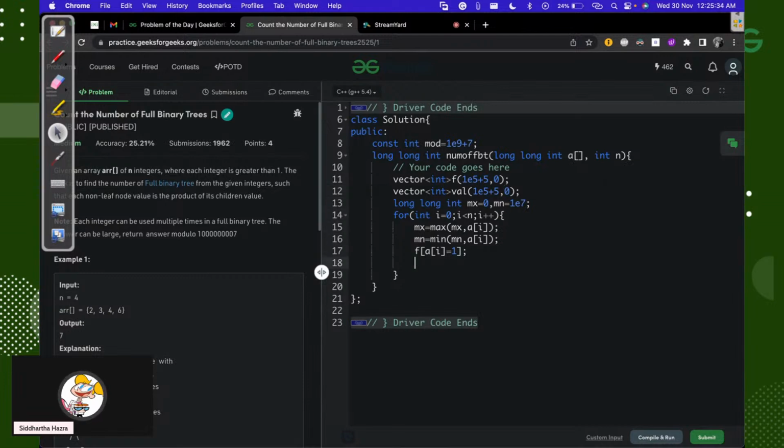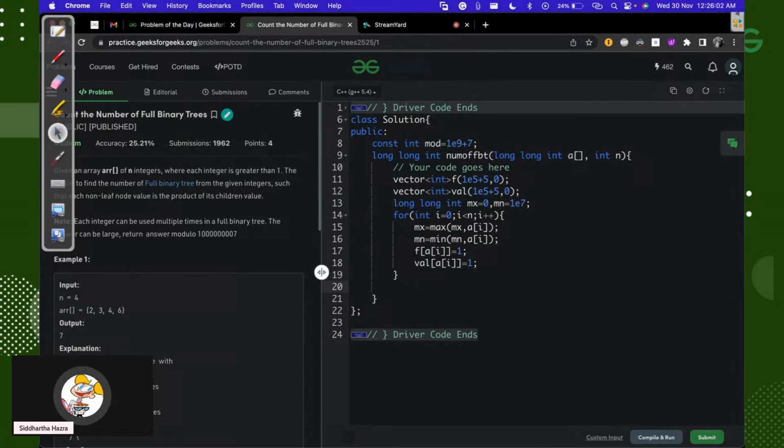So we can have val of a of i is equal to 1 again, and this would be outside equal to 1. Frequency of 1 is equal to 1, and this all together can be done in one array only.